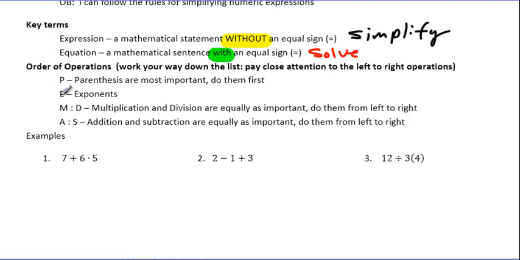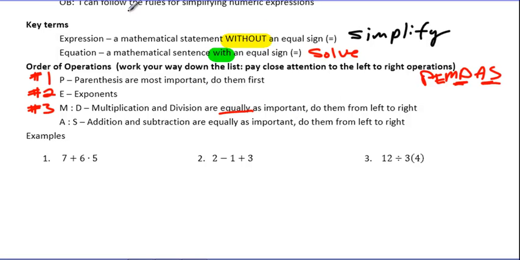P for parentheses, E, M and D, A and S. Normally we'll just write it out like this, but sometimes this is misleading because M doesn't always come before D and A does not always come before S. So what we're going to do is, number 1, we're going to look for parentheses. Notice it says parentheses are the most important, do them first. Number 2 is exponents.